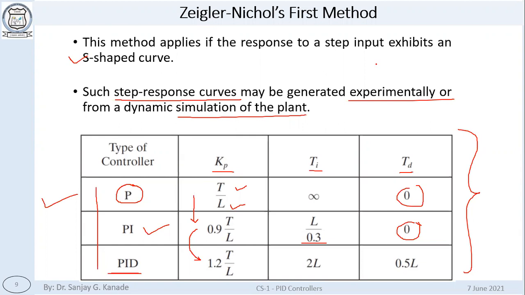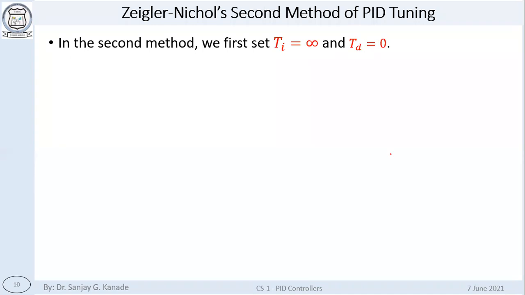Okay, I guess not. So let's move to the second method of Ziegler-Nichols. Now, in the second method, see what is done. In the beginning itself, we first set Ti equal to infinity and Td equal to 0. What does it mean?